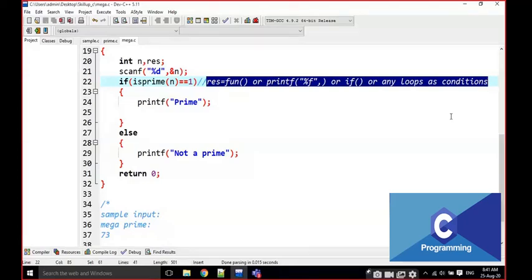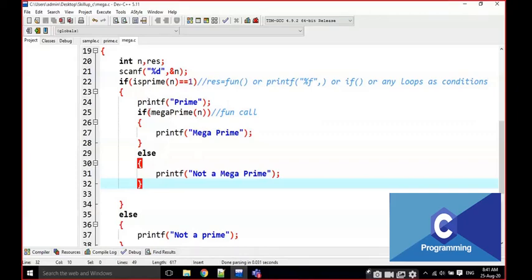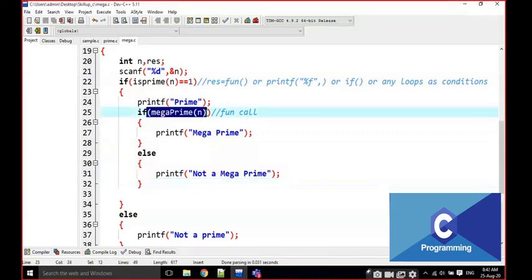Very important point. In the same way, here also I am going to write mega prime of n. Now tell me, is the function call with return type or not? Yes, sir. No doubt about that.